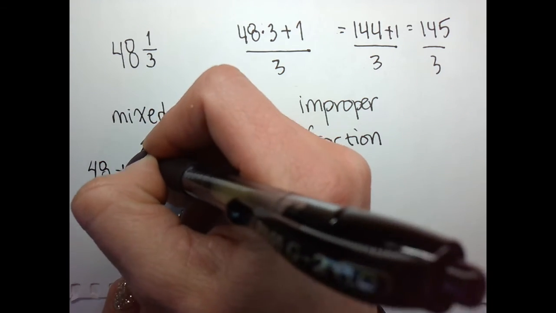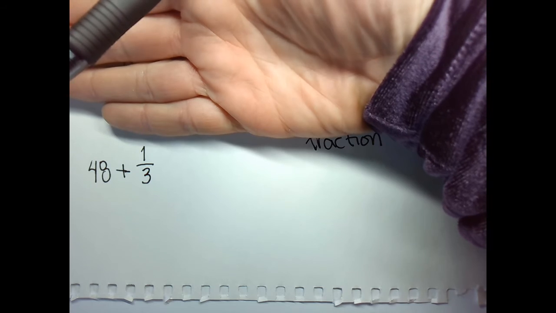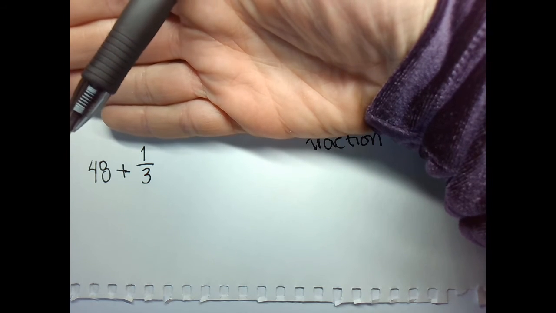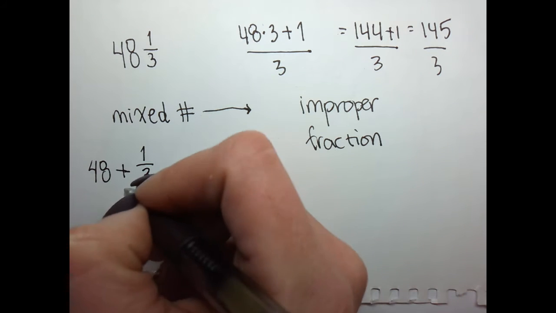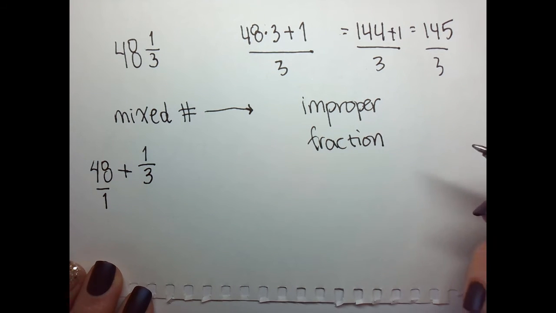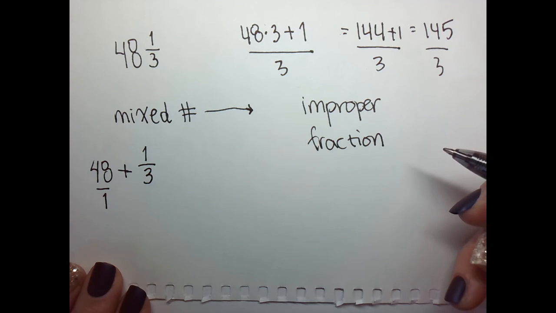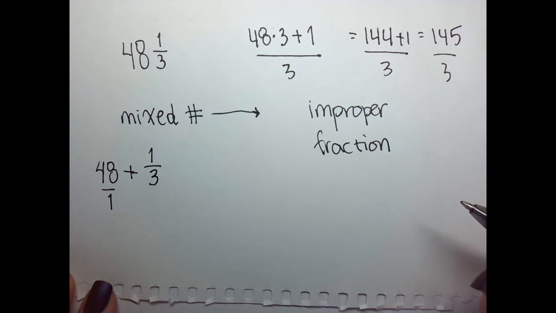How do you do this in high school? Lesson 2 of this course. Arithmetic with fractions, right? How do you do this? Go ahead, Caduce. Start with 48 over 1. Then, good. What is the least common denominator going to be? How do I help the 3 situation over here?